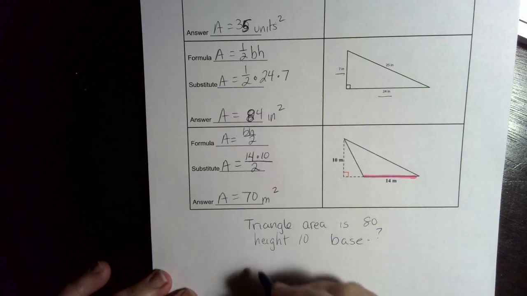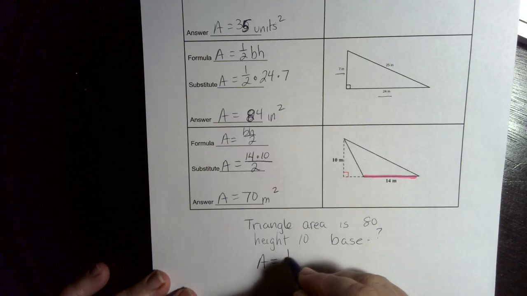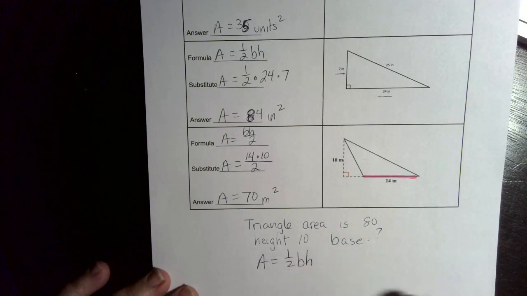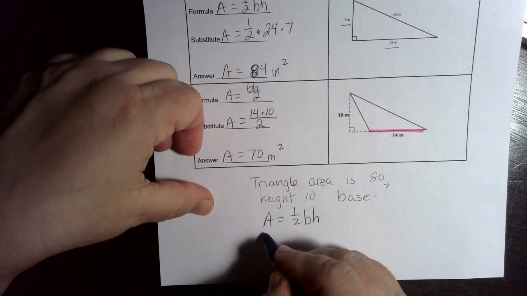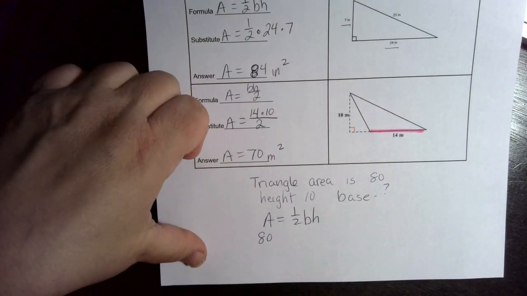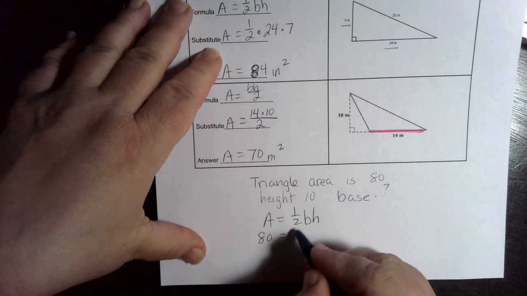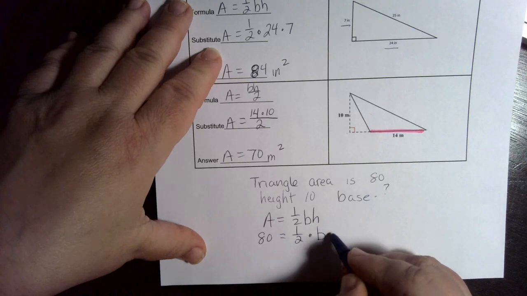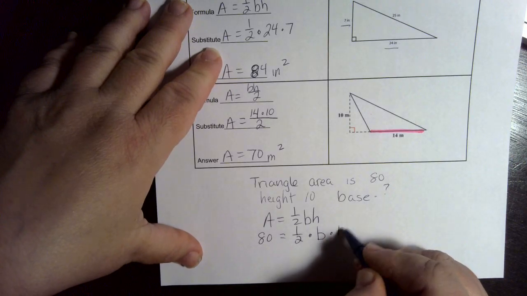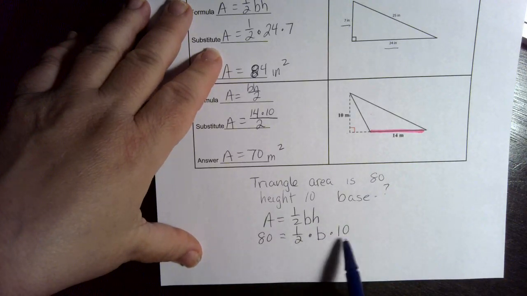So therefore I'm going to say A equals 1/2 base times height. Now in this situation, my area is 80. That's when I put in the A. And it's 1/2. I don't know my base, so it stays a B. And I know my height is 10. Well, I'm going to simplify this side. Half of 10 is 5.